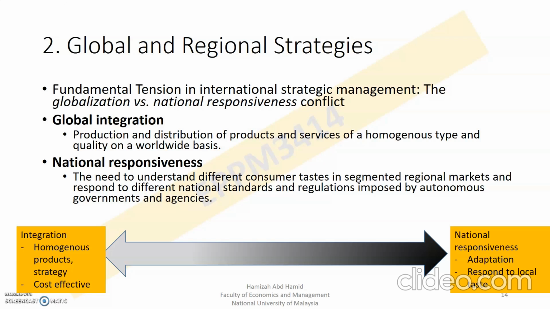National responsiveness is the need to understand different consumer tastes in segmented regional markets and respond to them, responding to different national standards and regulations imposed by the various governments, home country governments, and also agencies.